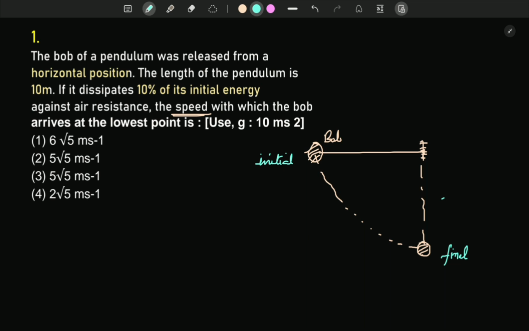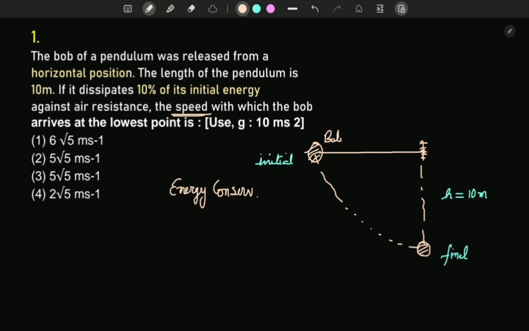So in order to find the speed, let us first take this height h. It has fallen down and this height h is only the radius or the length of the pendulum, 10 meter. Now I will use energy conservation in order to find the speed.